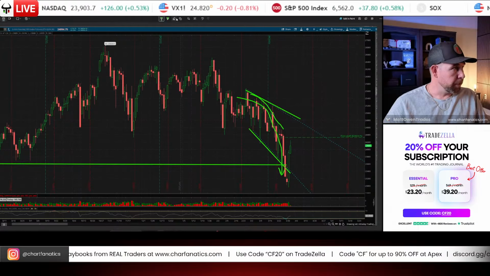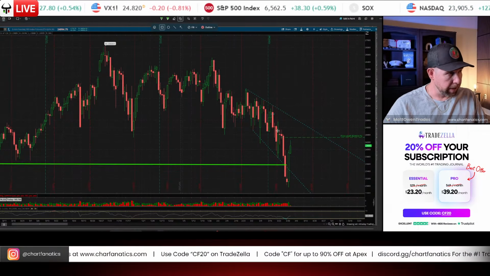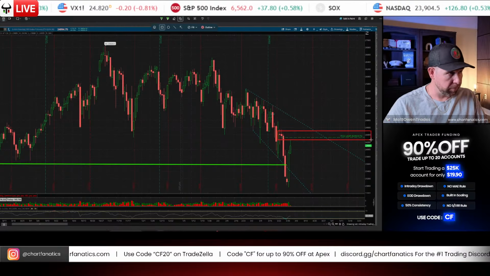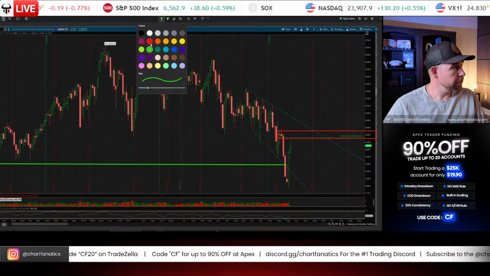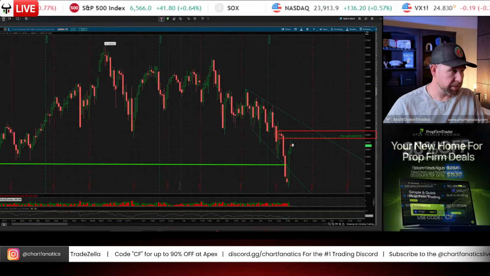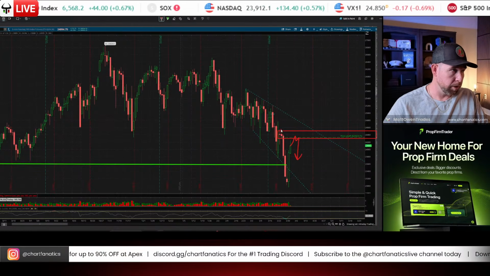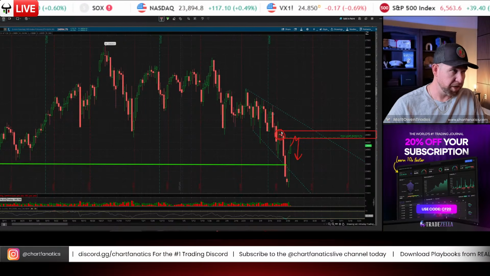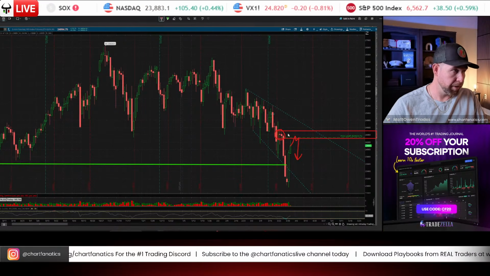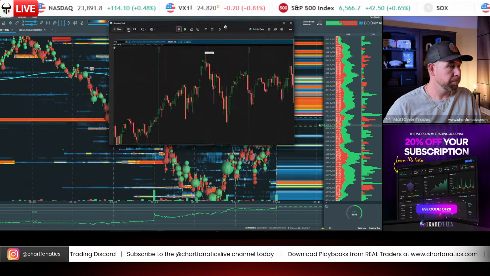So the key spot that I'm watching out for here on the NASDAQ is this area around this basing period, which I have a key level drawn right here as well. So if ES rejects the top of that channel and NQ also rejects more in the middle of this channel, though it's not a very clean channel, there's a supply zone here where we based and then sold off aggressively.